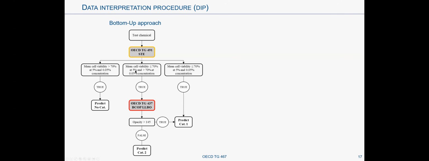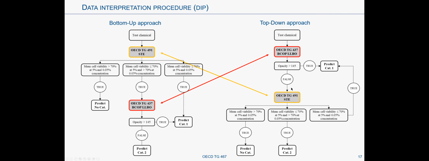In all other cases, you have to continue with the BCOP LLBO to come to your final prediction. And again, the opacity with a cutoff of 145 is then used to distinguish category 2 from category 1. We can also switch the methods, and then you have a top-down approach where you assume that your test chemical is irritating, and you start with the method to identify category 1. The cutoffs and the rest of the scheme are exactly the same.